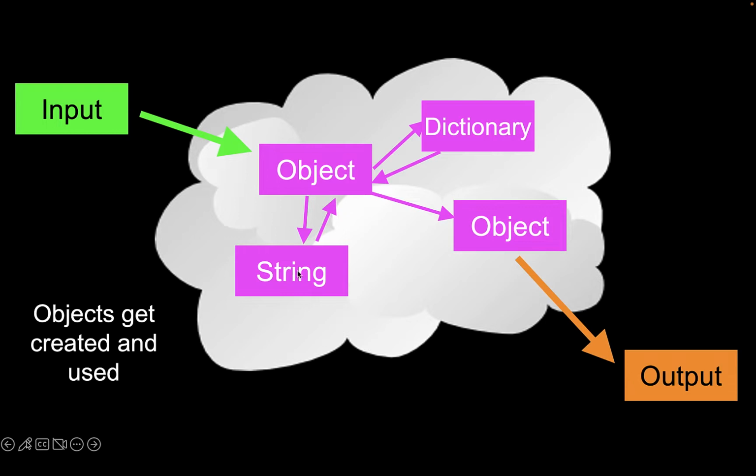It also has a relationship with string, and again, it sends some input to string and it gets some output from string. And it has a relationship with this other object, and all we know is that it sends output there. Okay, and then at least in theory, the input for the program is somehow being consumed by the object on the upper left, and the output is somehow being produced or emitted from the object on the lower right. Okay.